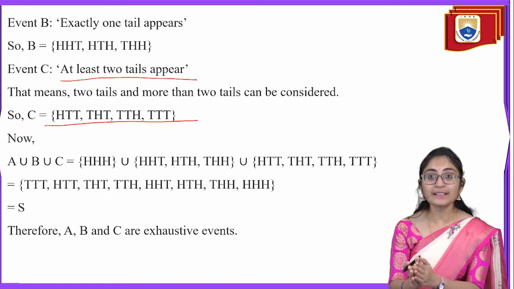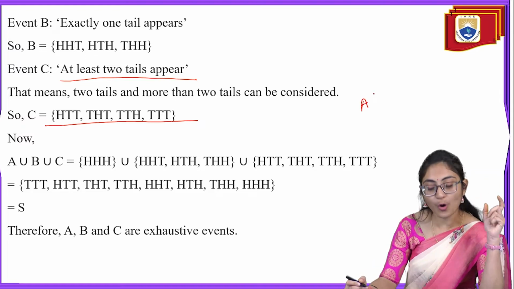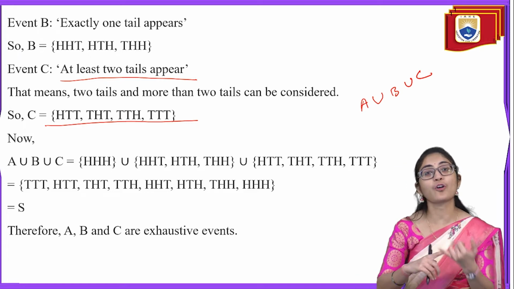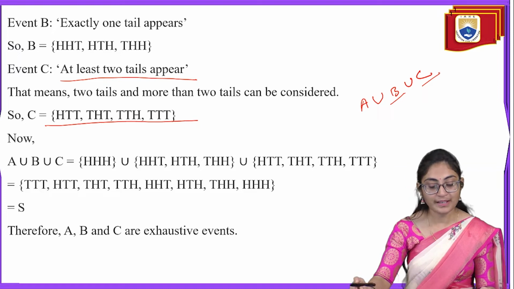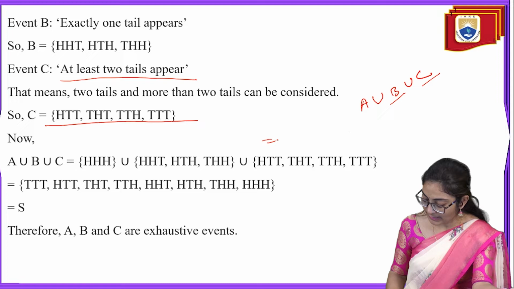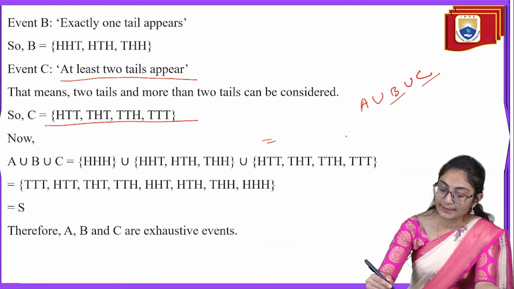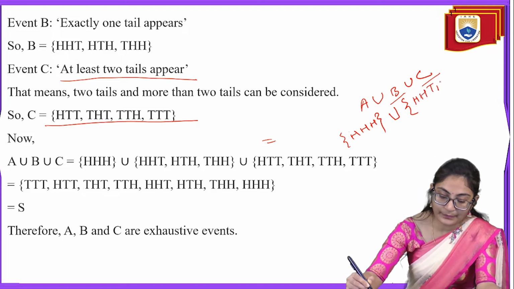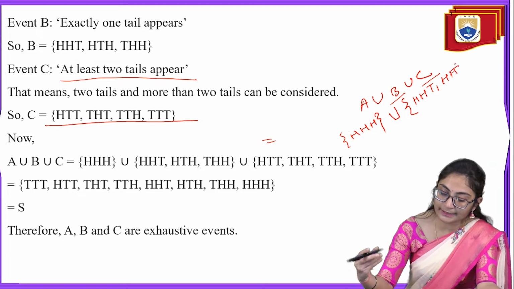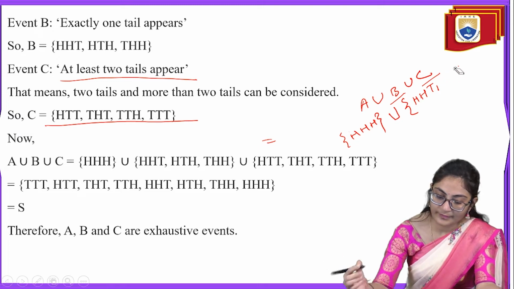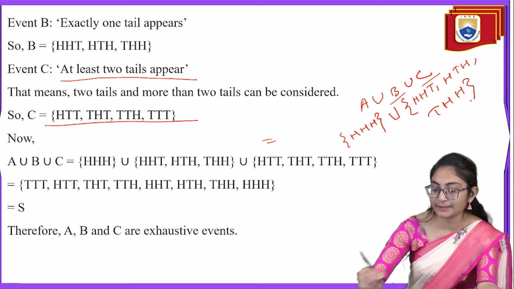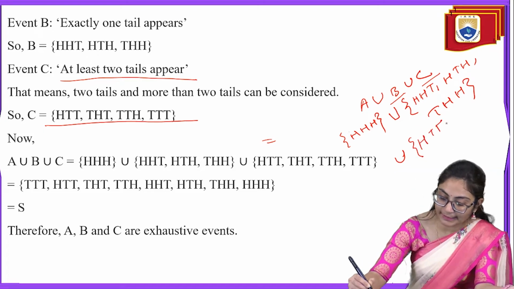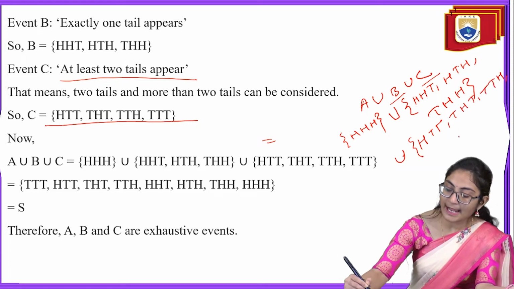For this purpose, you have to apply the union operation on the 3 events: event A, event B, and event C. In event A we got HHH. Now for B we got the outcomes with exactly one tail. Then again you use the union, and now we get the 4 elements of C: head, tail, tail; tail, head, tail; tail, tail, head; and 3 tails.